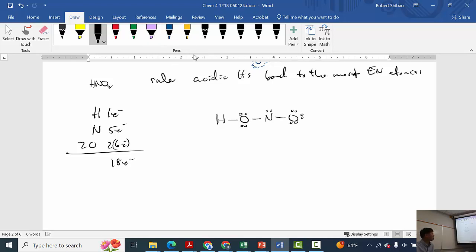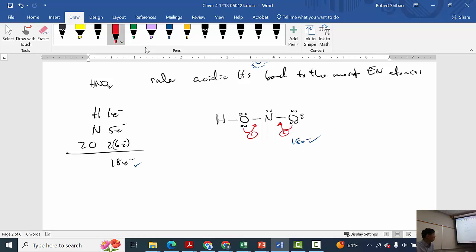But when we look at nitrogen, does nitrogen have an octet? No. And so in order to make an octet, we run out of electrons because we've used up all 18 electrons. And so we can't add more electrons. And what we're going to have to do is have an oxygen sacrifice some of its electron density. And so this is option 1. This is option 2.